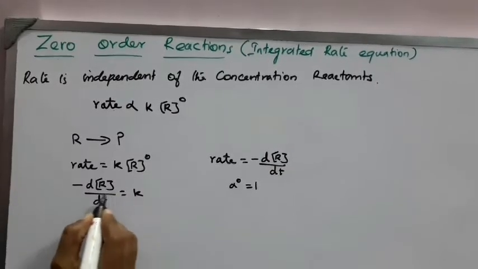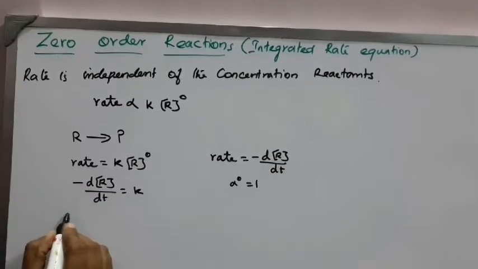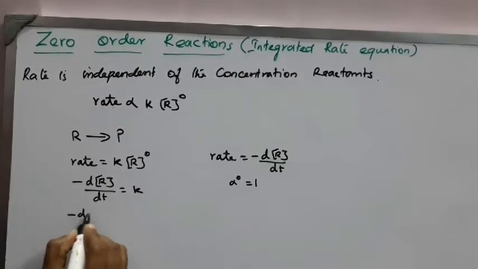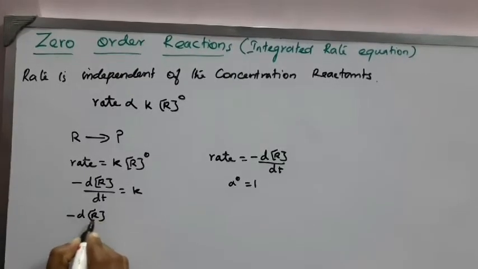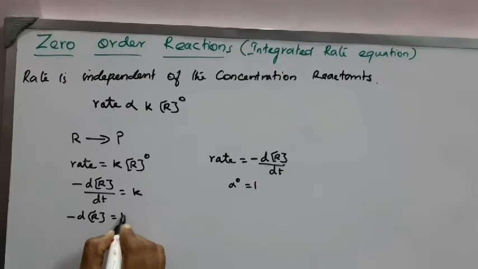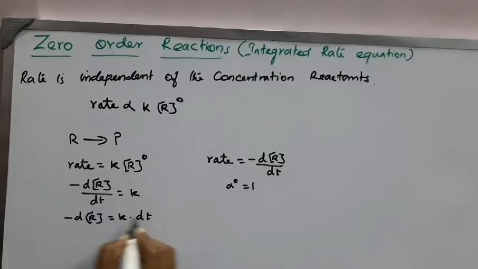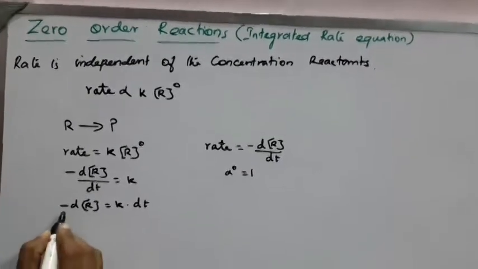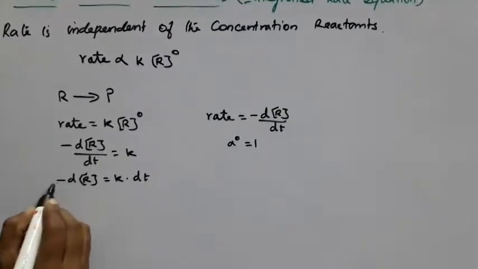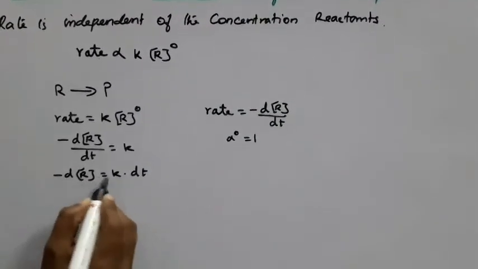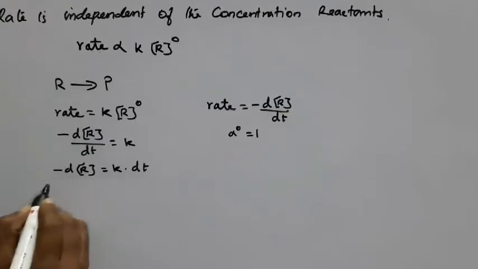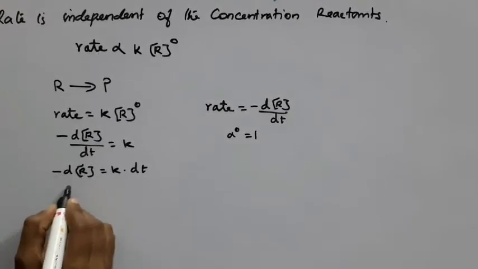So we just have to rearrange this equation: minus d of R, this is the reactant concentration, equals k dt. After that, we multiply by a minus sign on the left side and the right hand side, so this minus sign gets cancelled.